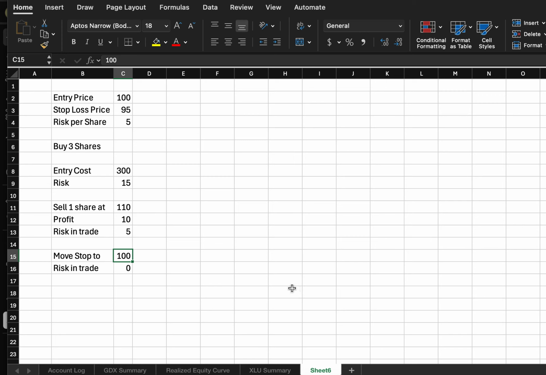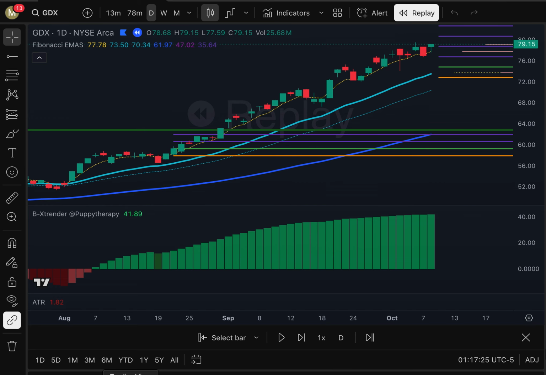And so let's go ahead and look at the first trade that I made. I'm going to switch over to my TradingView. This is an ETF called GDX, the VanEck Gold Miners ETF.